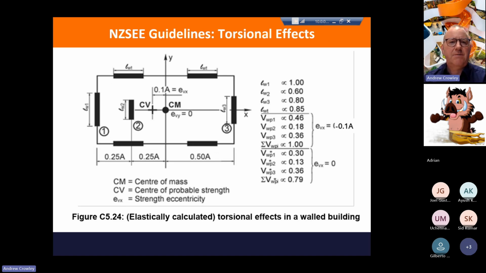So this is the diagram from the NZSEE guidelines, and I've just noticed there are some errors with this diagram. So if anybody can spot them, there's a bonus point if you can explain what the errors are in this diagram. Just answers in the chat, please. But basically, you've got walls in the X direction and you've got walls in the Y direction. For their example, the walls in the X direction are all the same.